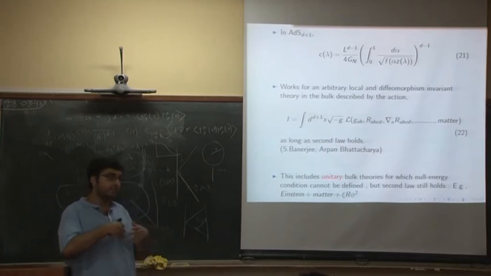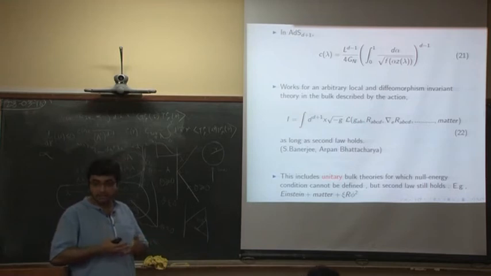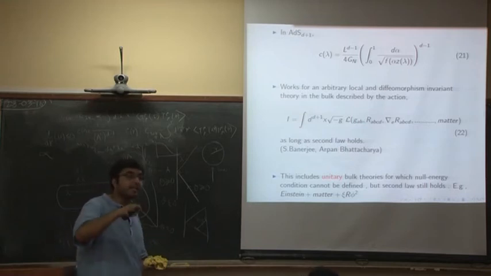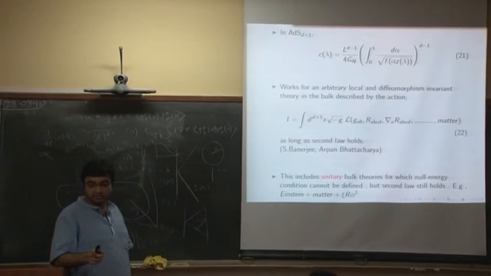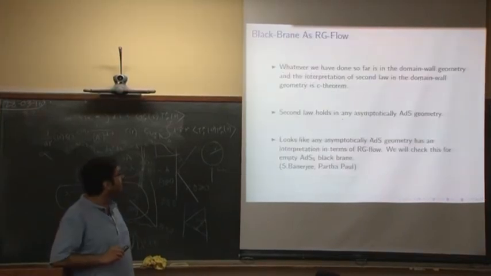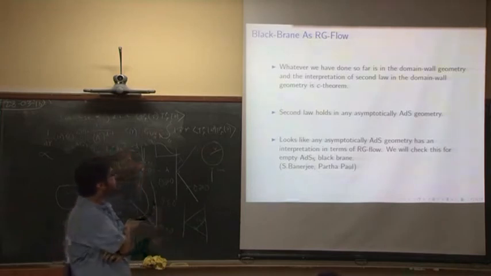So that's one way of saying why, even in higher curvature cases, the entanglement entropy functional plays a role. So I agree, I also had the same confusion. Okay, let me finish very quickly.